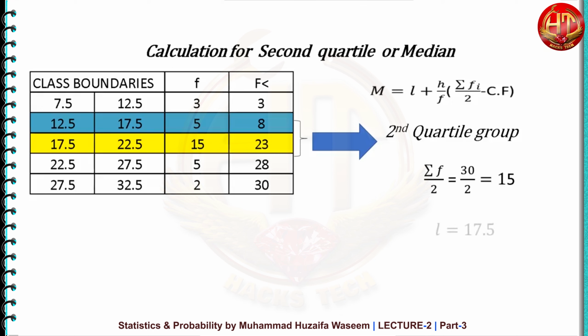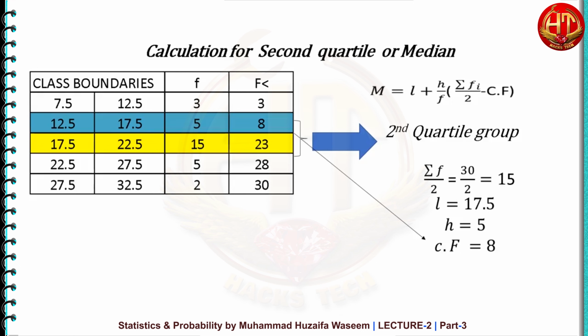So we can take all the information from this group, where L is the lower class boundary, which is equal to 17.5. h is the width of the class, which is equal to 5. c.f., the cumulative frequency preceding the second quartile group, is 8.